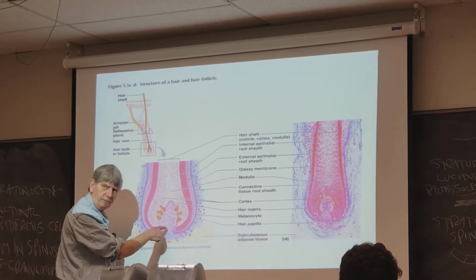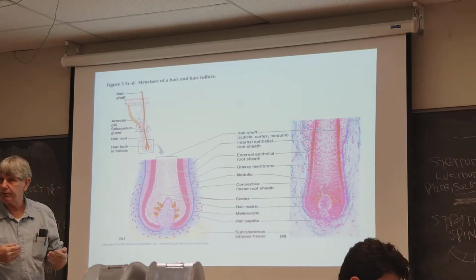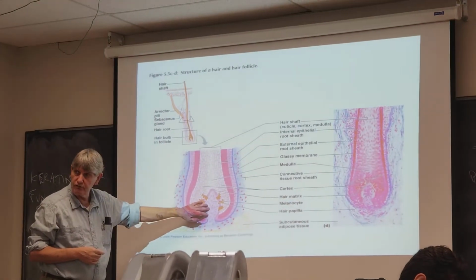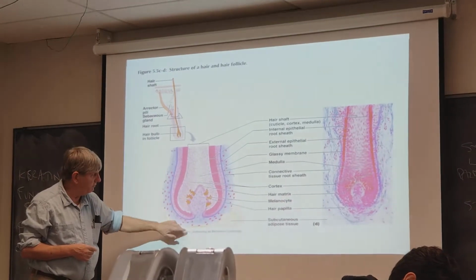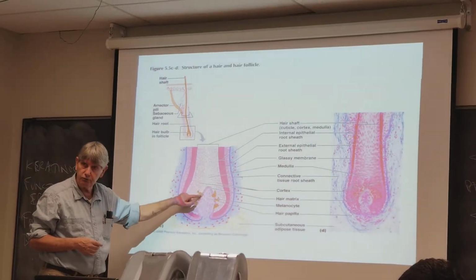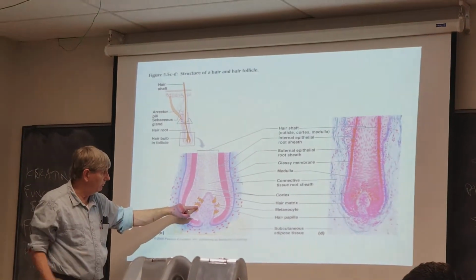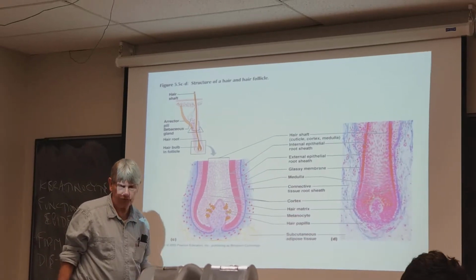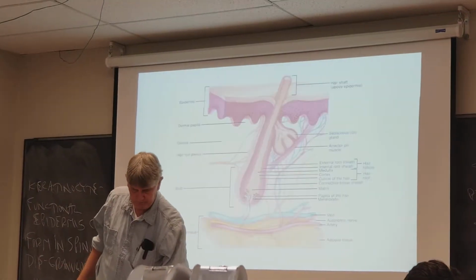Hair papilla, of course, is different from dermal papilla. That's up at the epidermis. Hair papilla is in the base of the hair follicle and the follicle bulb. Again, blood vessels come in here. That's where mitosis occurs to generate hair and produce the length of the hair. And you can see again melanocytes right there.